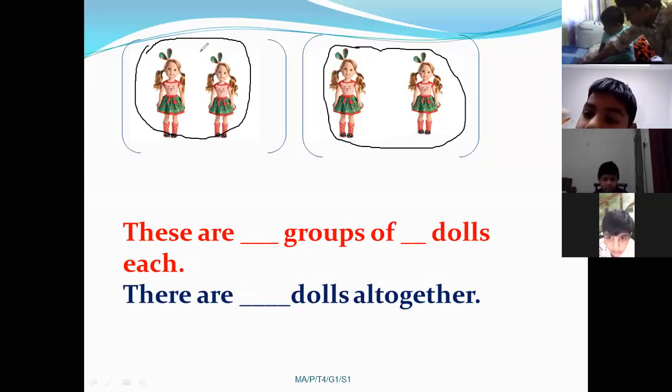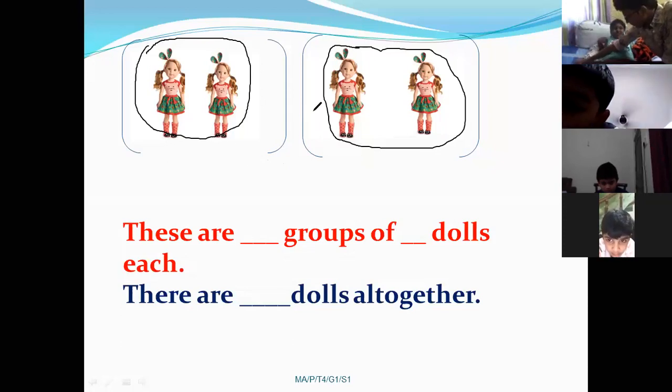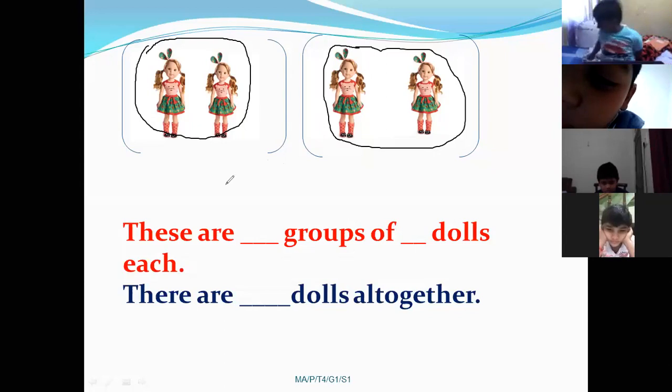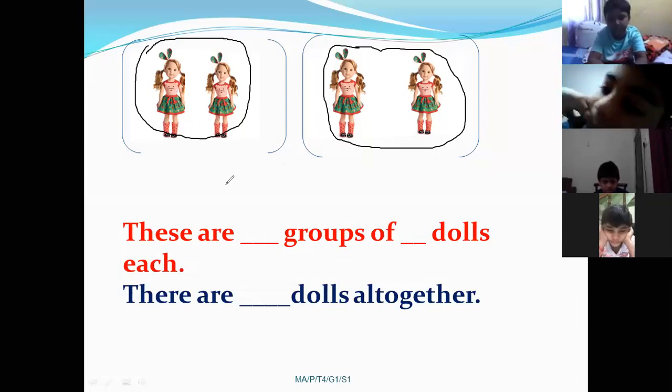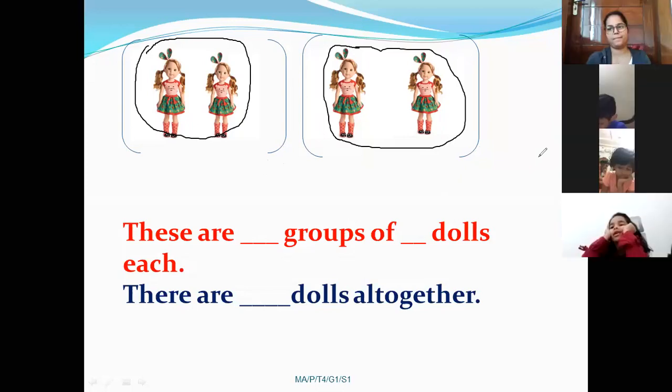Can you see that? Okay, ma'am. Now tell me how many groups are there? Yes, Suryansh. 9. No, how is that possible? 9 groups are not there.